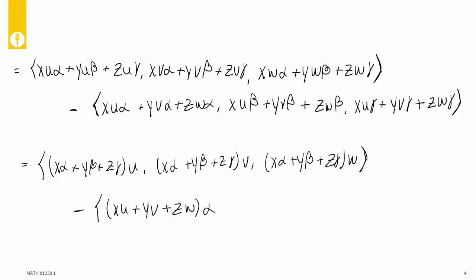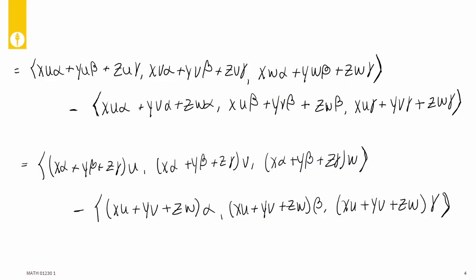Alpha factors out of the first component. A beta is going to factor out of the second. And a gamma factors out of that third.